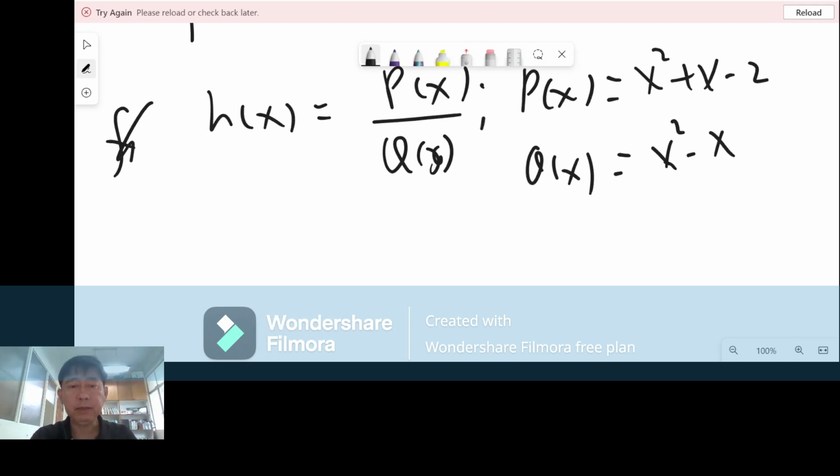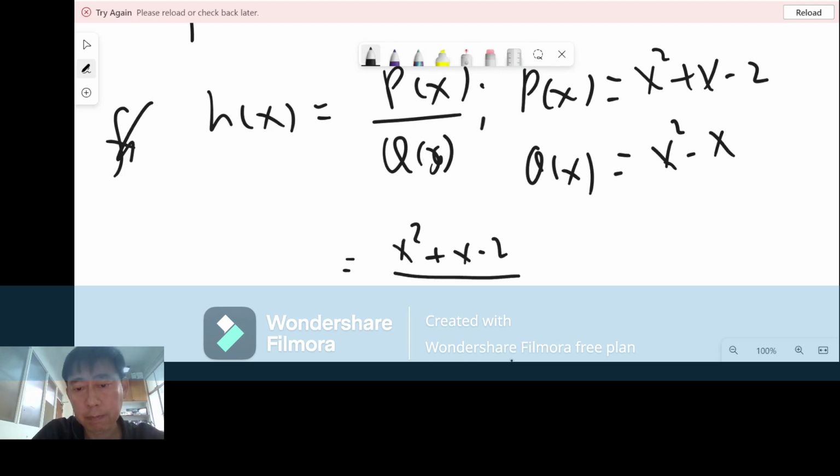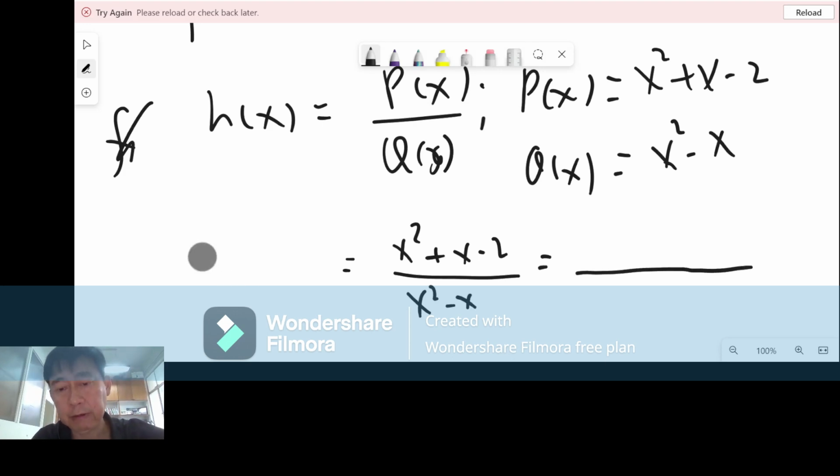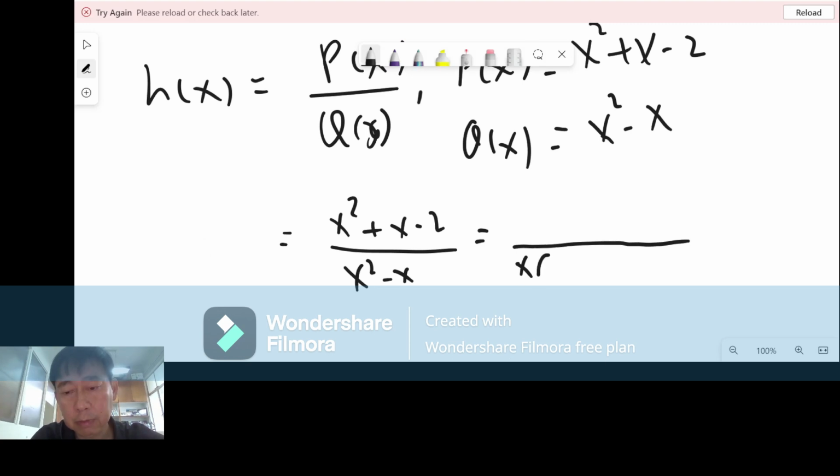But you have to be a little bit careful. Now, let me write p and q like this. For x squared minus x, you have to factor it out. That becomes x times (x minus 1). Here is x minus 1, and x plus 2.